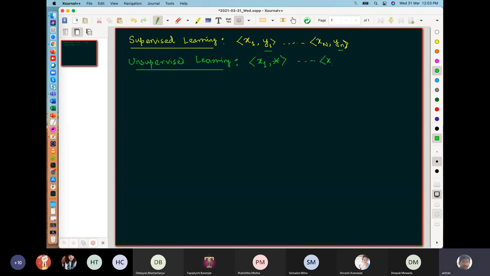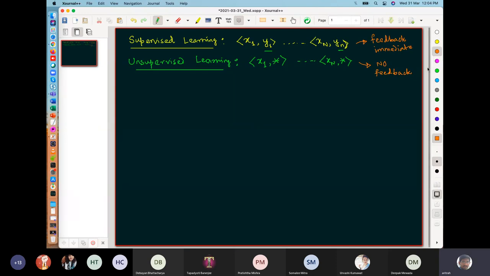I have n points, x1 up to xn, but I do not provide any outcome. So in supervised learning you have feedback which is immediate, because for every input you know the correct label or output, and you have a trainer who gives you immediate feedback. Whereas here there is no feedback at all about the data points given to you.